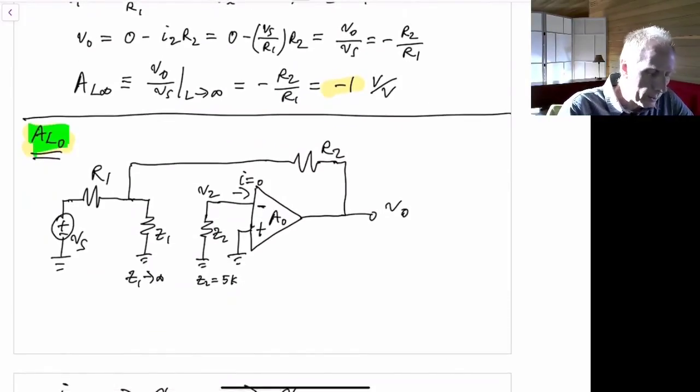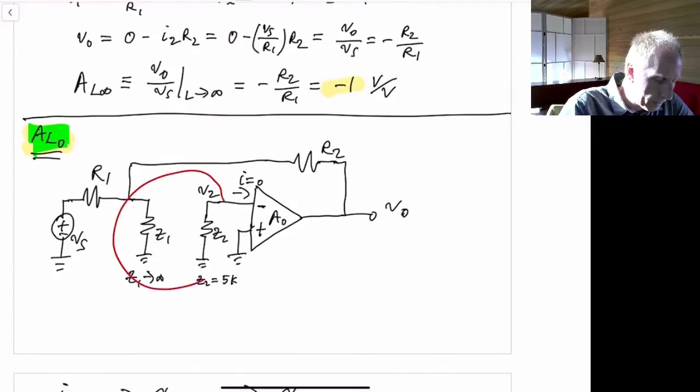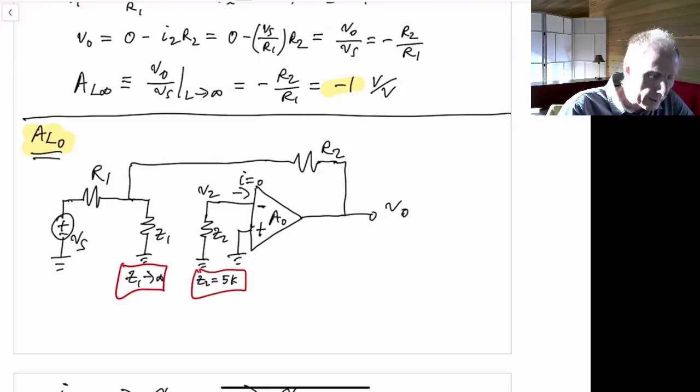For A sub L0, we've broken the loop here. Z1 went to infinity. Z2 went to 5 kiloohms. Turns out that's not that important in this particular application.